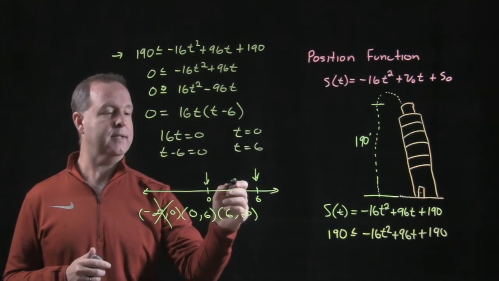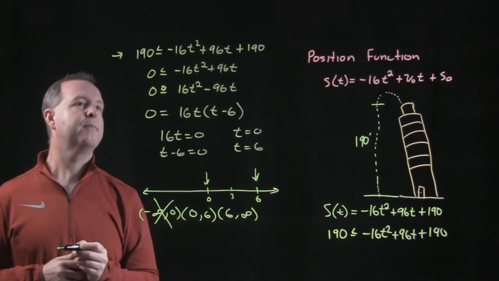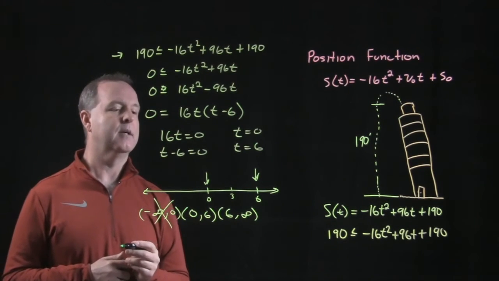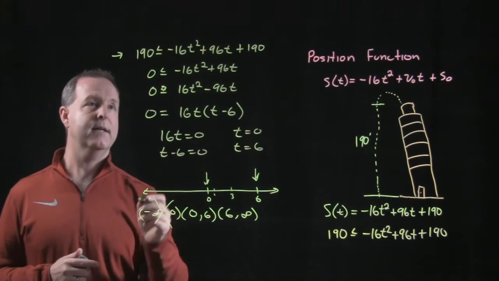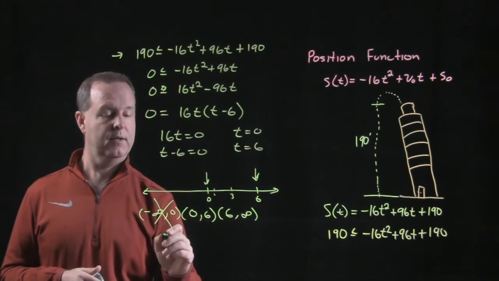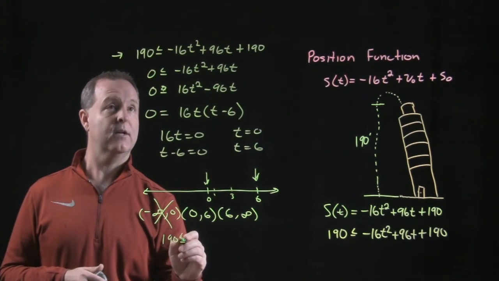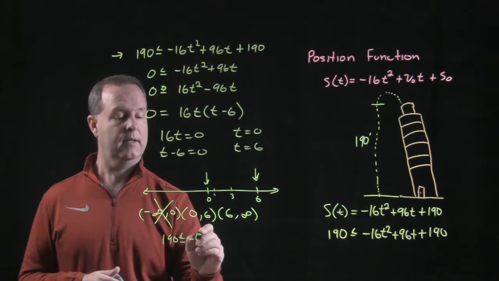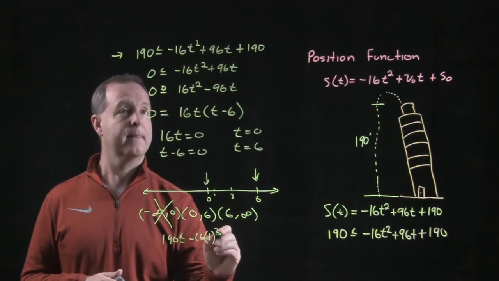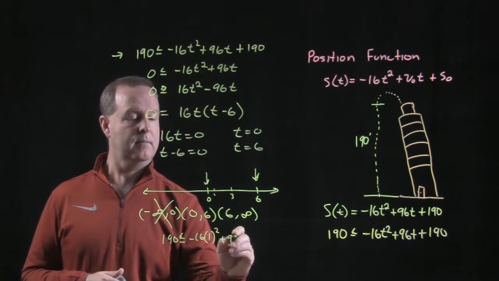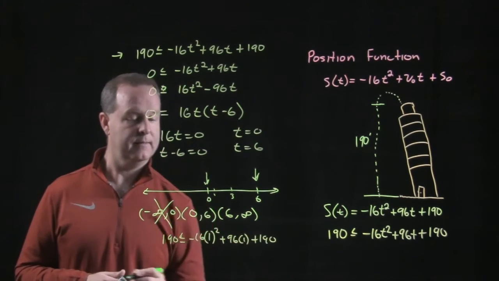Let's choose a test point, like maybe 3. Well, that's an ugly number. Let's try 1. 1's a better number. So 190 is less than or equal to negative 16 times 1 squared plus 96 times 1 plus 190.